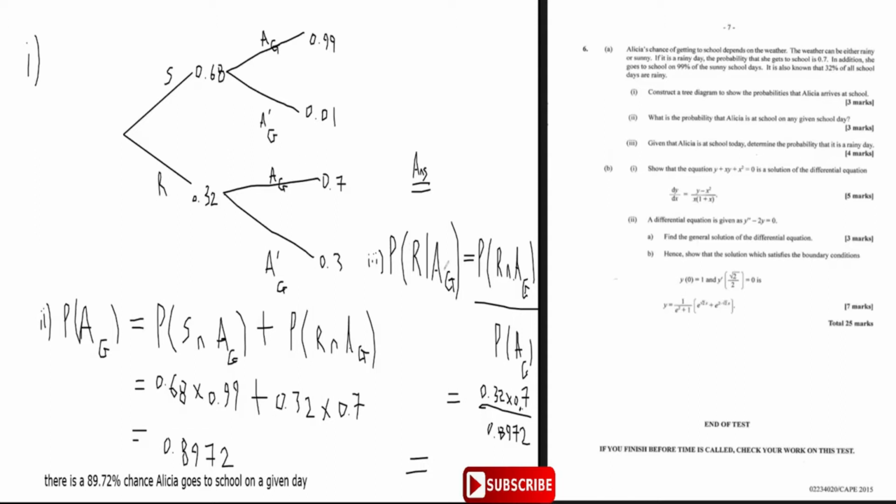So 0.32 times 0.7 divided by 0.8972 is 0.234. Rainy, yeah.